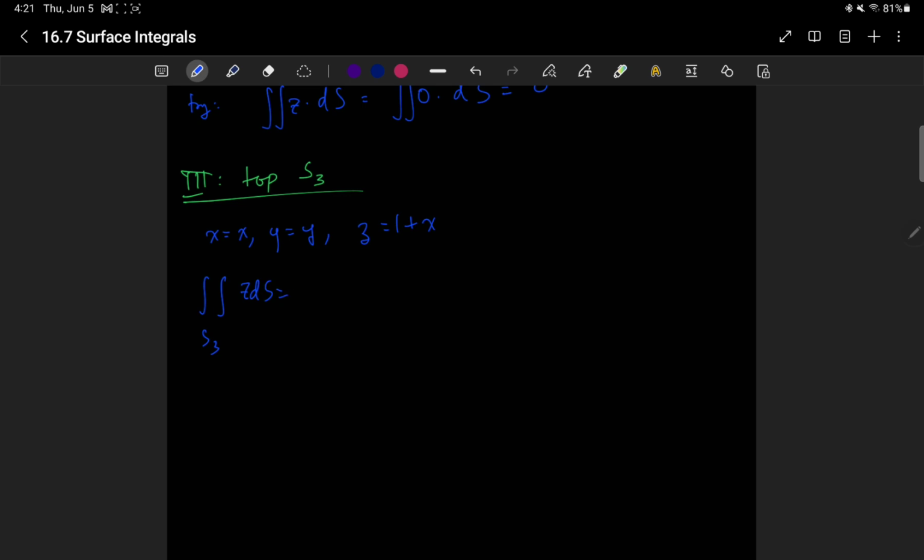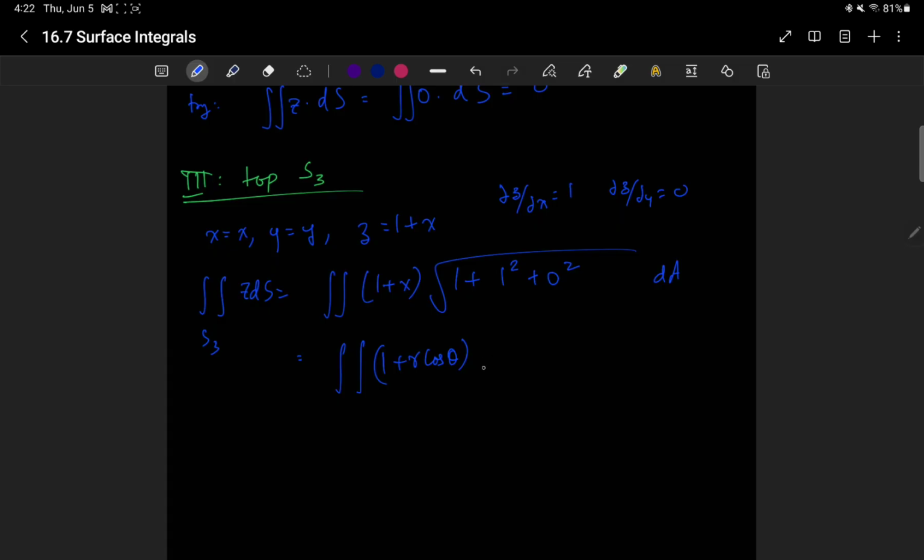When you have a surface g given as g of x, y, which is just 1 plus x, you get the square root of dz over dx squared, which is 1, plus dz over dy squared, which is 0, dA. And then we will use x equals r cosine theta, and this is just root 2 r dr d theta, 0 to 1, 0 to 2 pi.